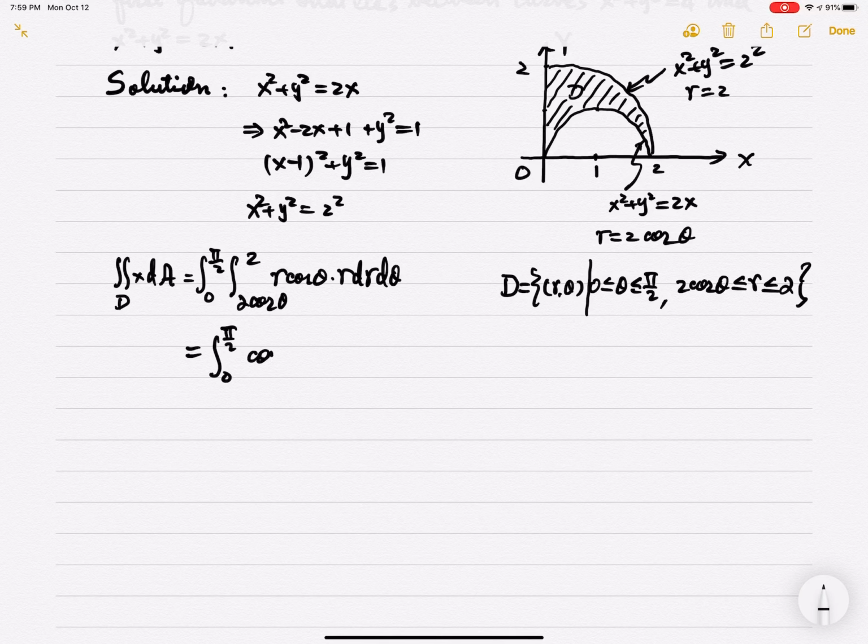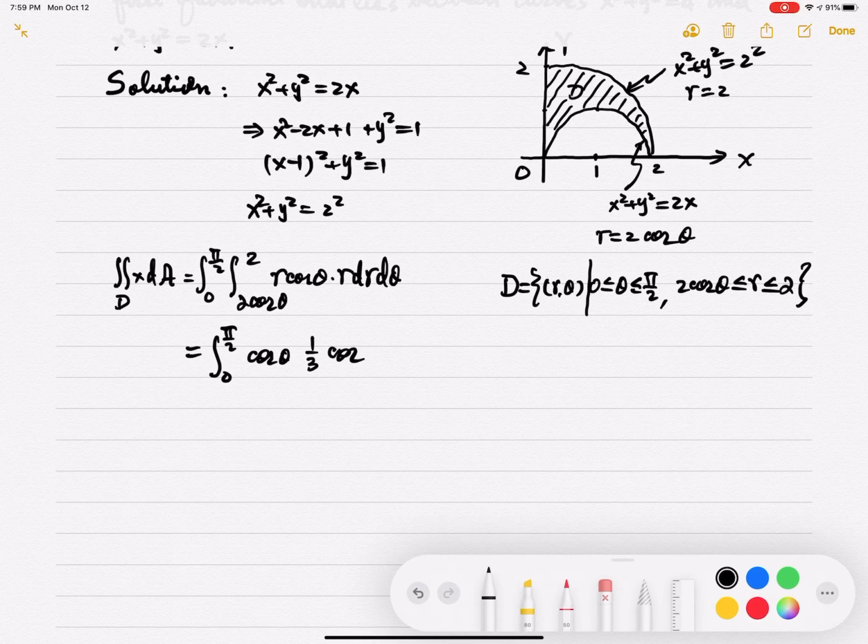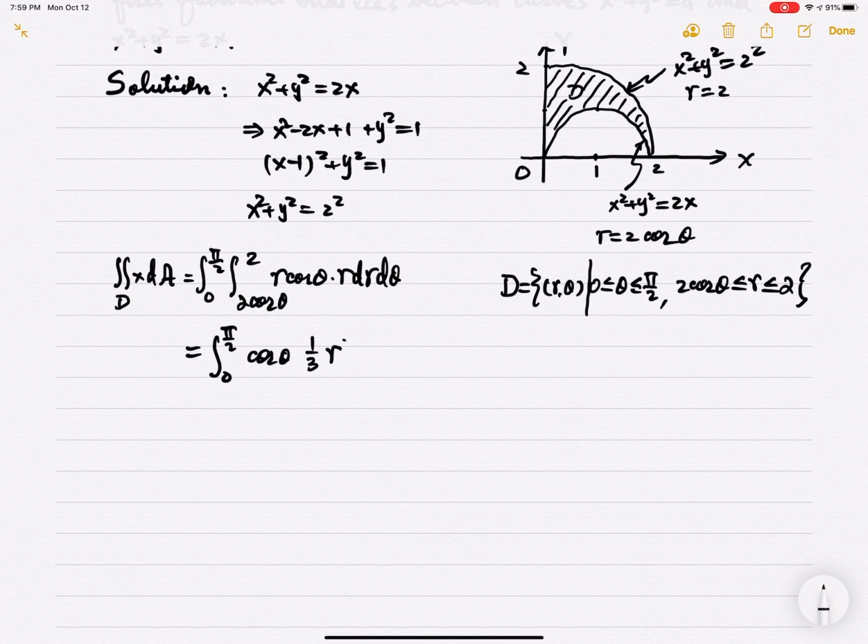You have a cosine theta put out, r times r squared, so it's 1/3 r to the third, and then plug in 2 cosine theta, d theta.